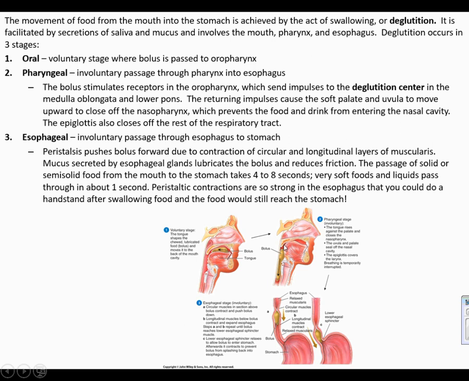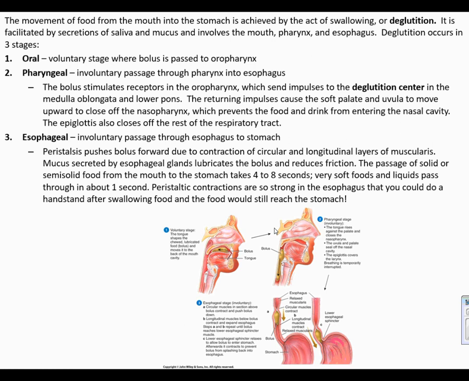So it prevents food from going up into our nose. The epiglottis, which is the covering of our respiratory tract, also blocks off that respiratory tract to allow the bolus to slide, instead of into our breathing tubes, into our esophagus.